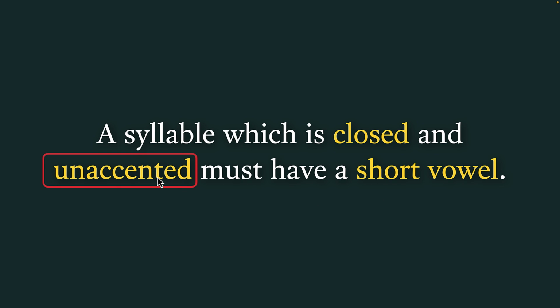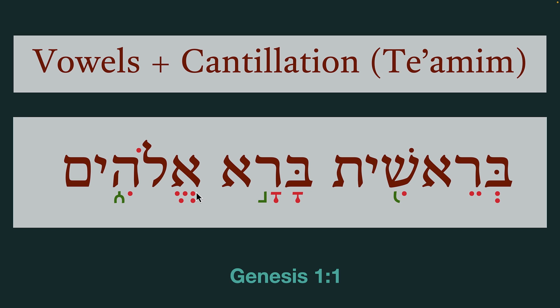What is unaccented? Remember the text that I showed in one of my earlier videos, how to read the Hebrew Bible. These three words are taken from Genesis chapter 1, verse 1: Bereshit bara Elohim.